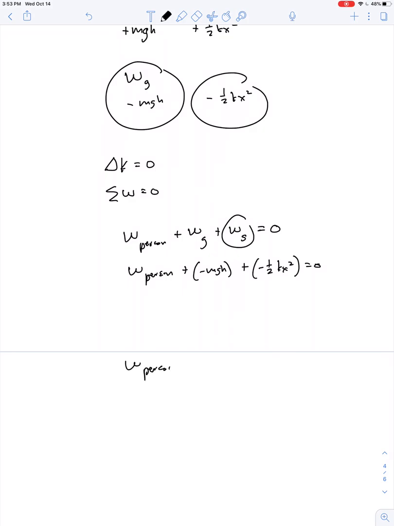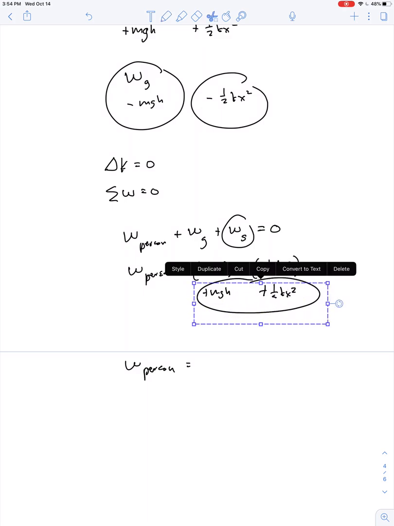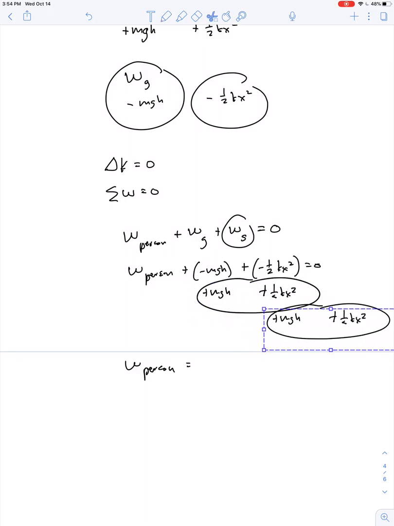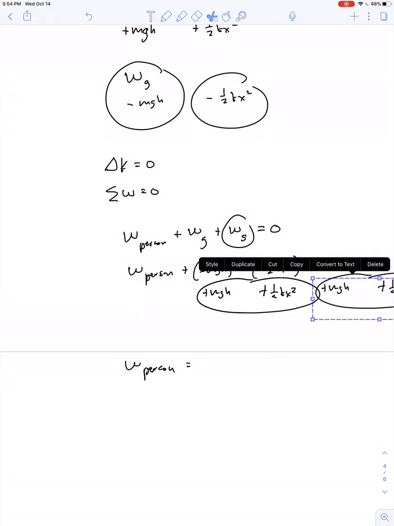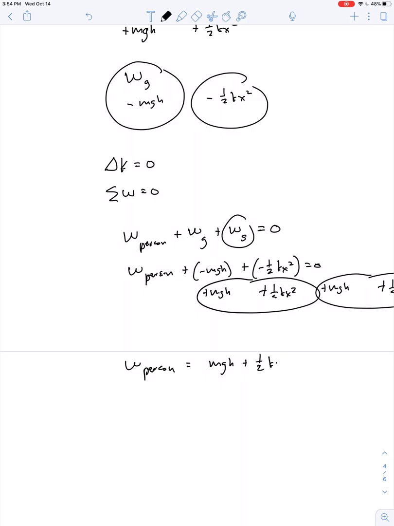So the work done by the person is equal to, well, if we add these values to both sides of the equation, then we find the work done by the person is equal to mgh plus 1/2 kx squared, which means the work done by the person is just equal to the change in gravitational potential energy plus the stored elastic potential energy.